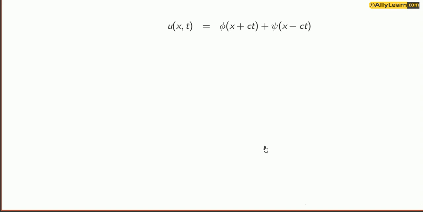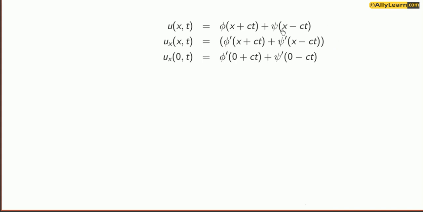Now in order to use the free end condition, I differentiate it partially with respect to x. So I get u_x(x,t) equal to phi dash (x plus ct) plus phi dash (x minus ct). This expression I obtained upon differentiating partially with respect to x. Next I take x to be 0 and I get this expression.